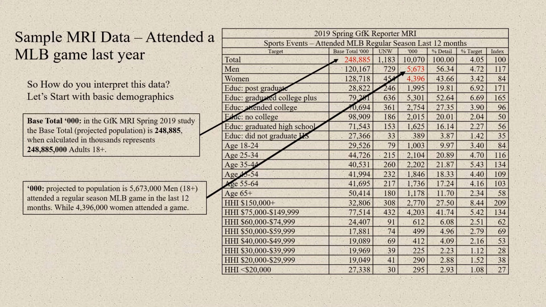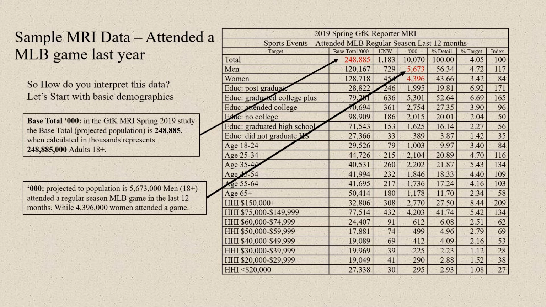In this study, the base total projected population is 248,885, and of course, that is the number of people that MRI has calculated of 18 years and older in the U.S. population, 248,855. That number will be in the first column.